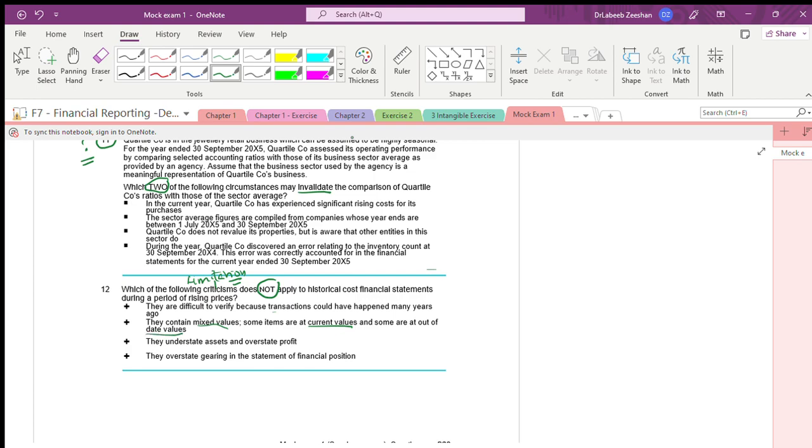They understate assets and they overstate profits. They overstate gearing. Which of the following criticisms does not apply to historical cost financial statements?